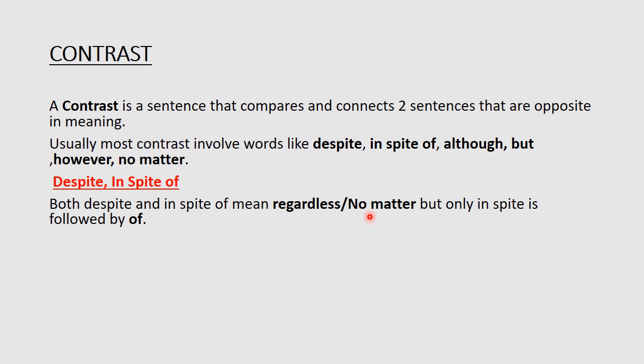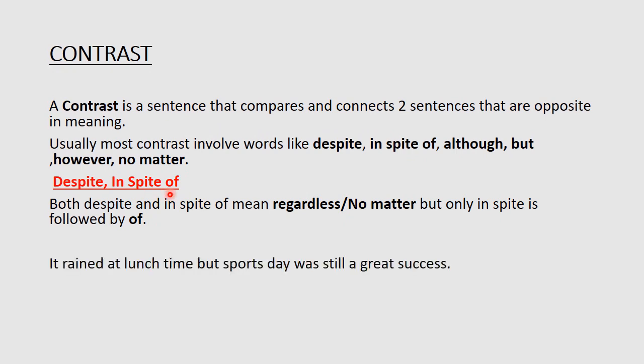So where you want to use no matter, you can use despite or in spite of. But note that despite is always alone, while in spite has of at the end. So it's always in spite of. Okay, let's take a look at some examples.